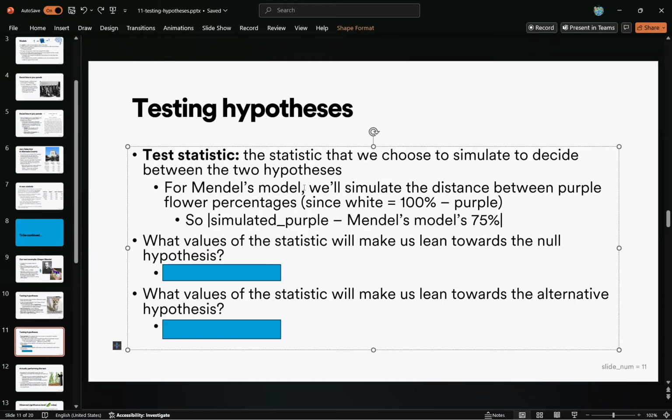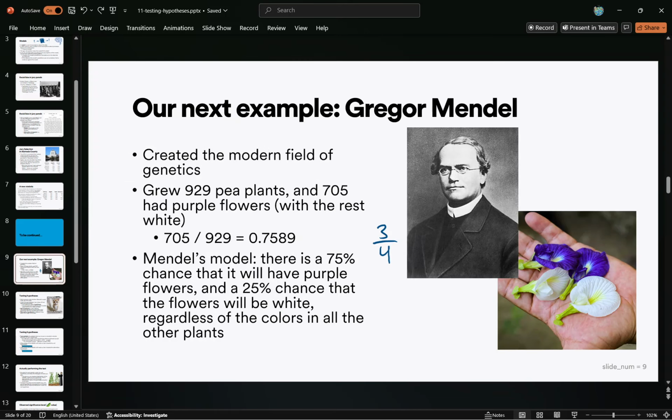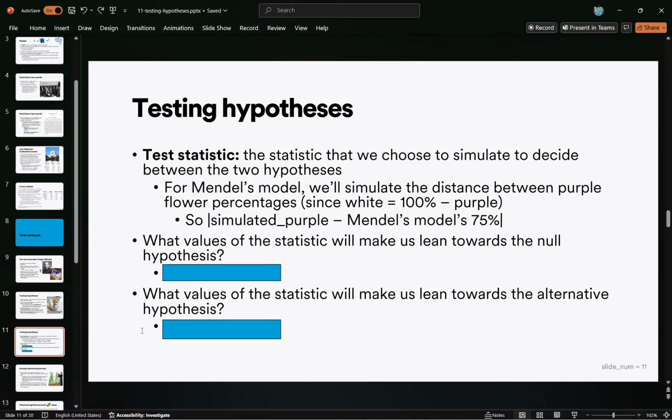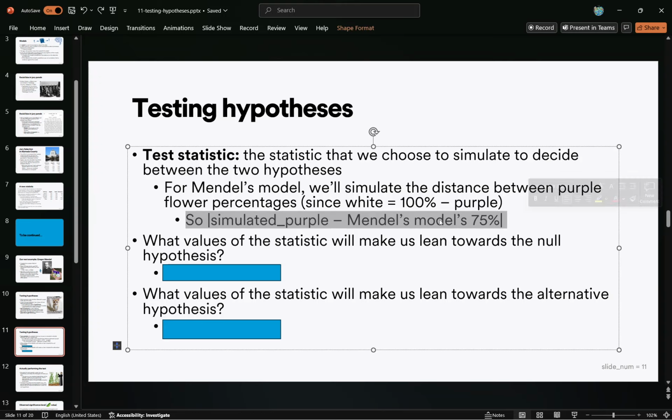We're going to simulate growing exactly this many pea plants, 929 of them, and we're going to count how many were purple, all right? Because we're simulating purple and white flowers, and we can just count the purples because we can subtract from 929 to get how many white ones there were, all right? So that's quite easy. That's quite nice. And so we'll deal with percentages, and we'll just deal with purple. Why not? All right. So we're going to get how close it was to the model's prediction of 75% every time we simulate.